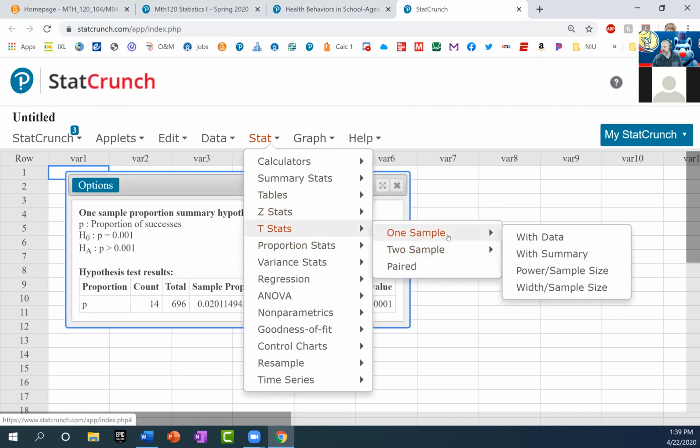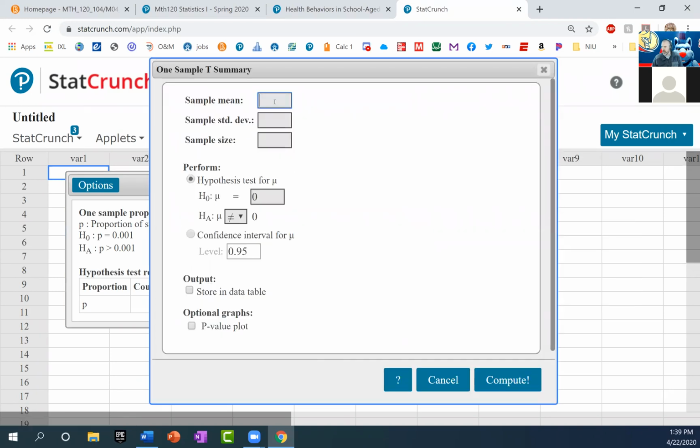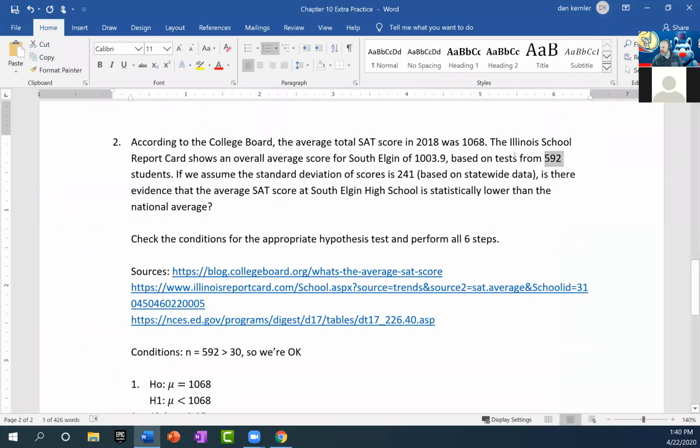one sample with summary. Sample mean 1,003.9, standard deviation 241, sample size 592. Did I remember all that right? 1,003.9 for the mean, 592 is the sample size, and then the standard deviation is 241.